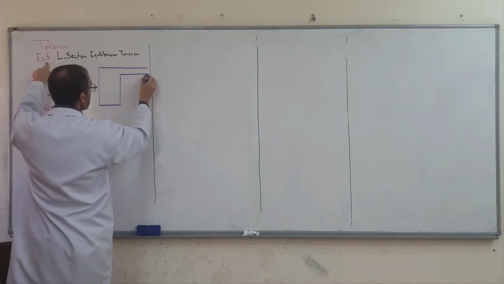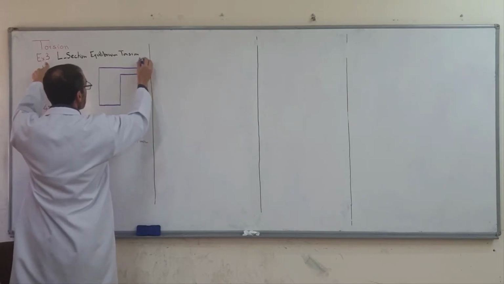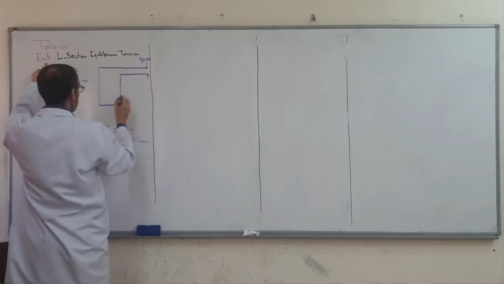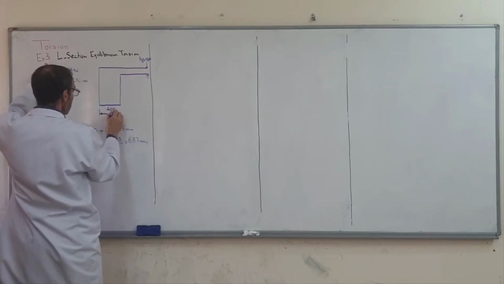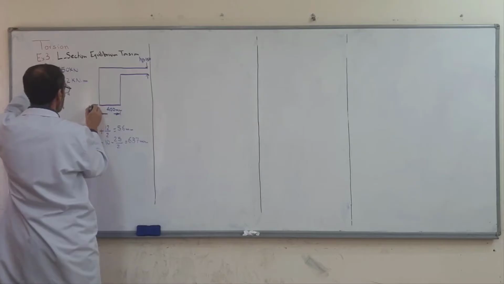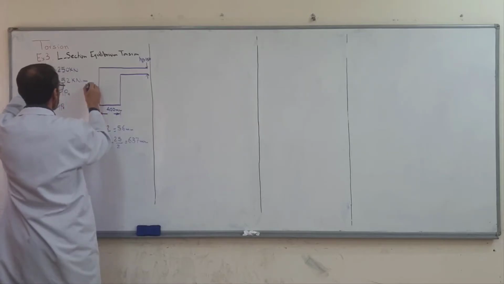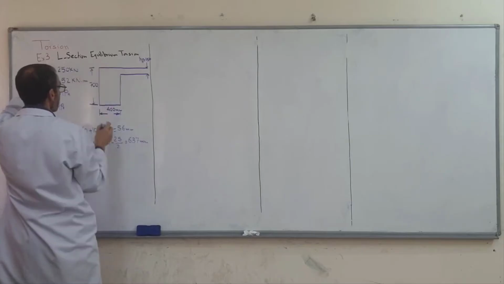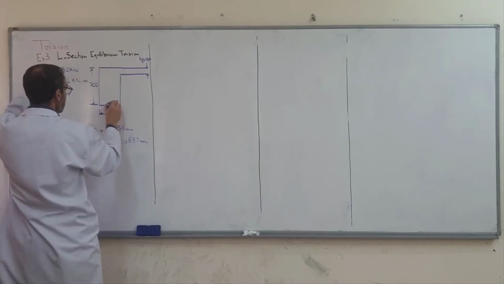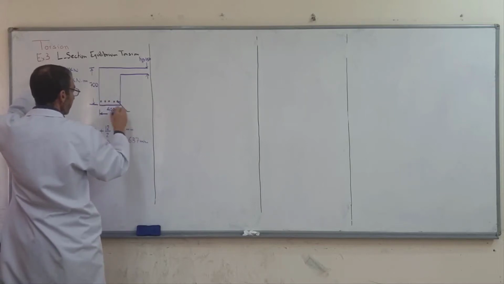The slab thickness hf is 150 millimeters. Here the same dimensions: b web 400 millimeters. This distance is equal to 700 millimeters. Reinforcement, 1, 2, 3, 4, 5, is similar to the previous examples.